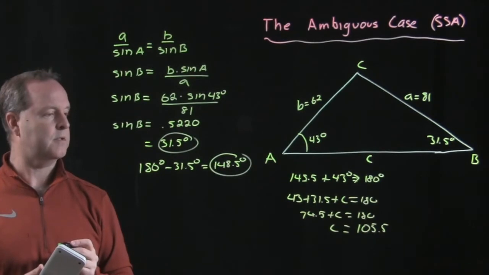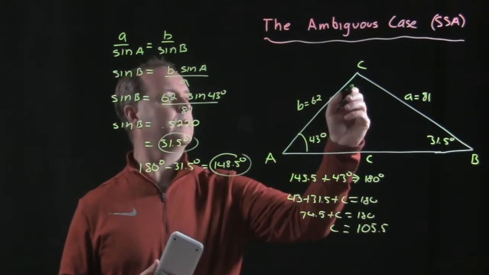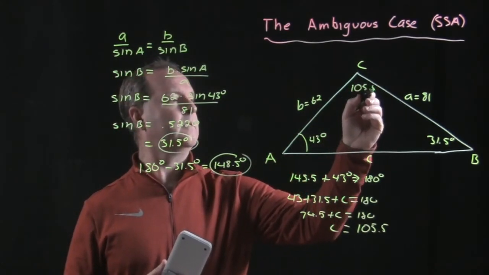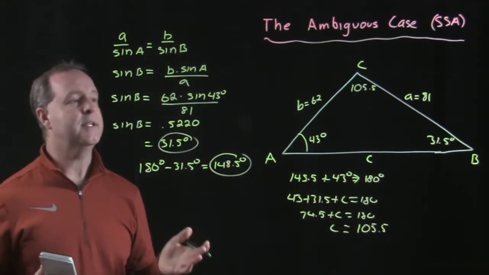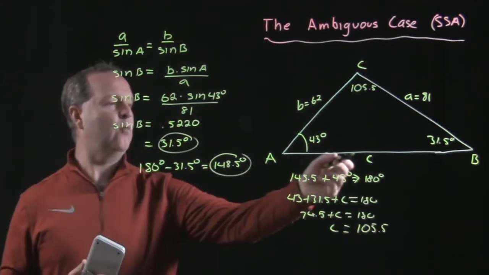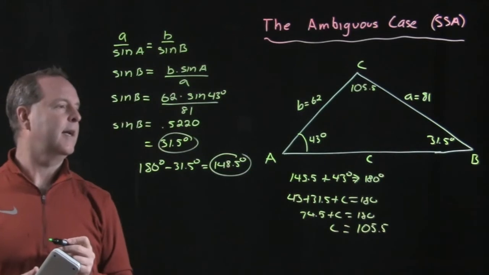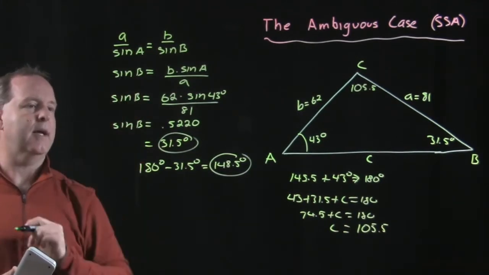Did I do that correctly, folks? 105.5. Now I have all the interior angles, and I have one side remaining, so I can again use the law of sines.